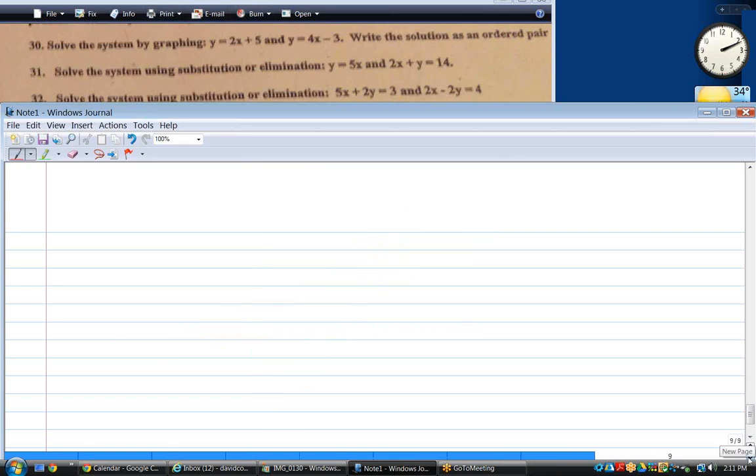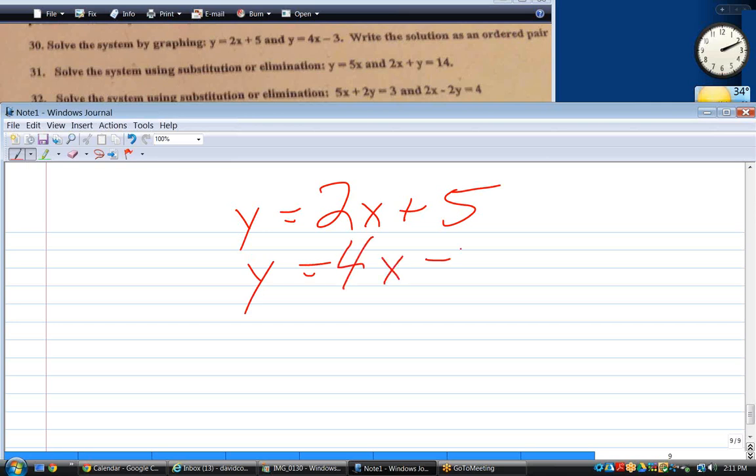Now, let's solve these a different way. Let's solve this algebraically. If your life depended on knowing exactly what the exact solution is, I wouldn't want to do it graphically. But I can certainly do it algebraically.